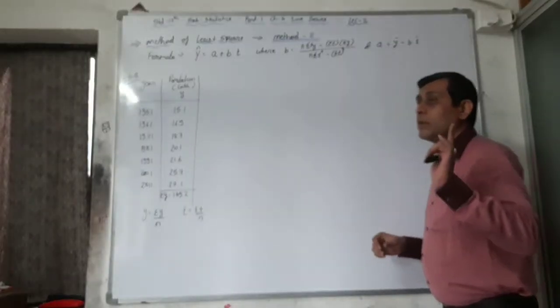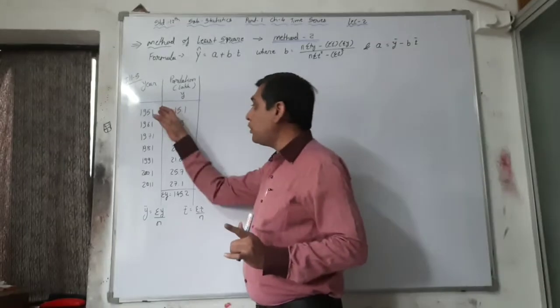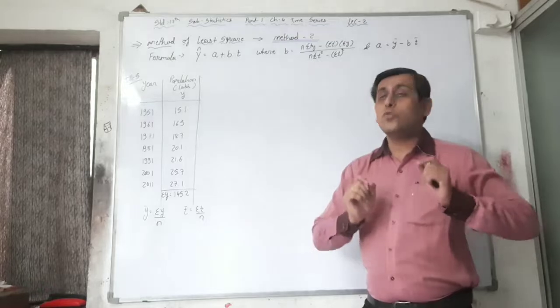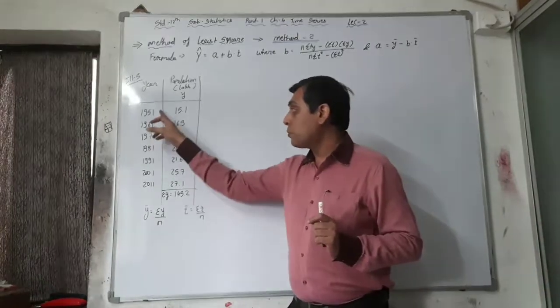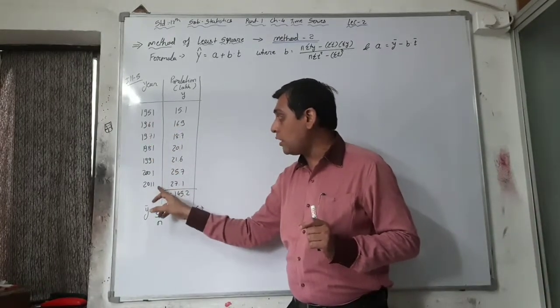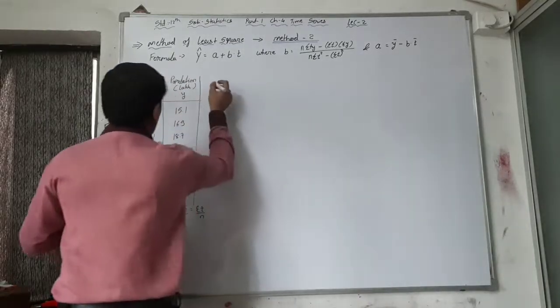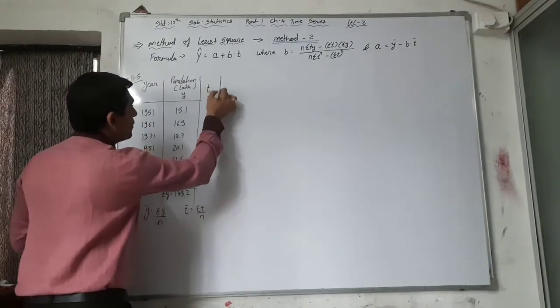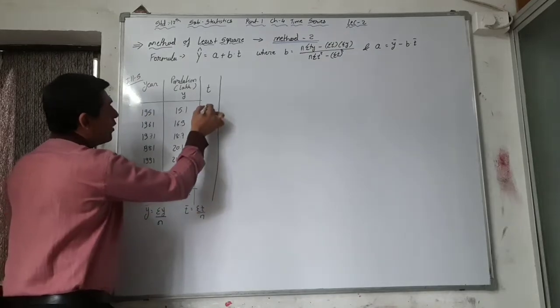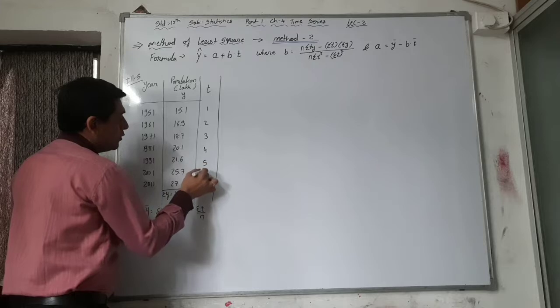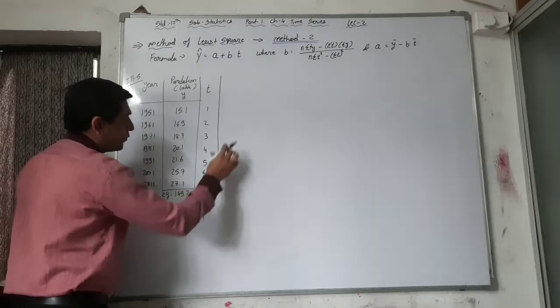So here again the gap of these years is 10 years. That is, interval of the year is 10 years. But it is equal in all the data. That's why we are taking t is equal to, again, 1, 2, 3, 4, 5, 6 and 7. Right?